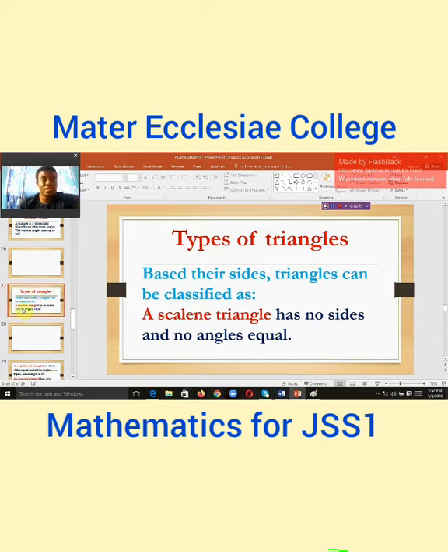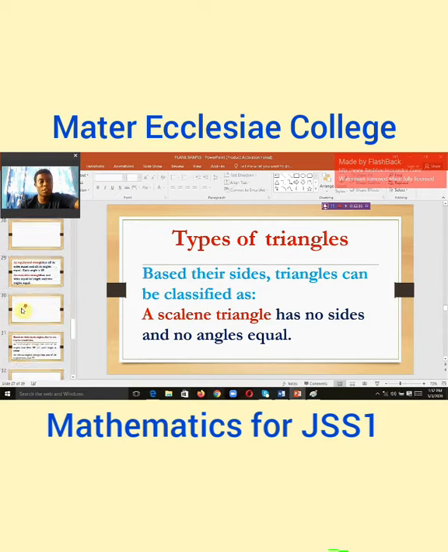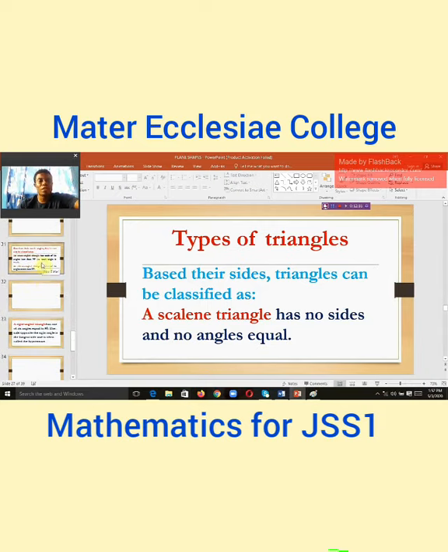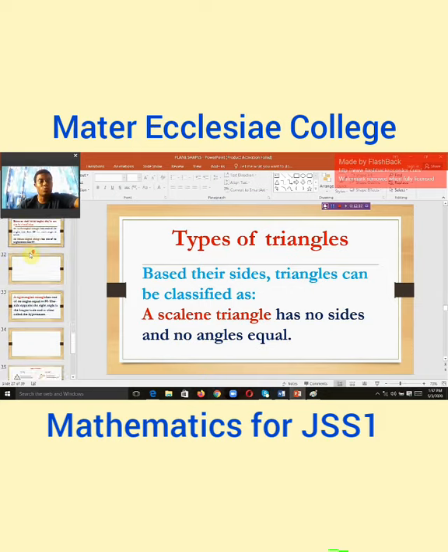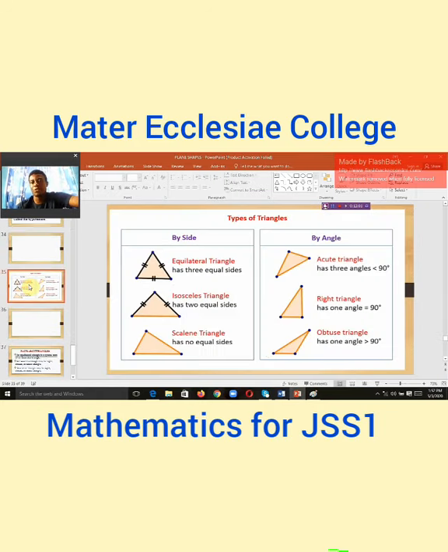We'll discuss that in the next video. And based on angles, there are 3 types also: acute angle triangle, obtuse angle triangle, and right angle triangle. The diagram here is just to help us see the different types, sides and angles.